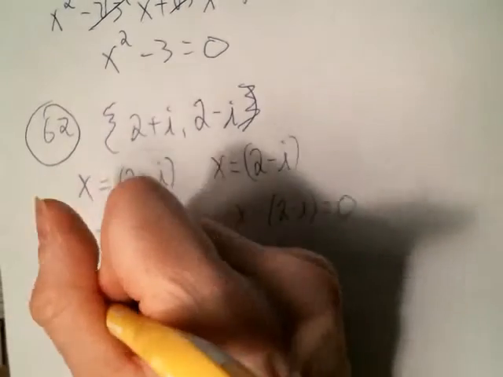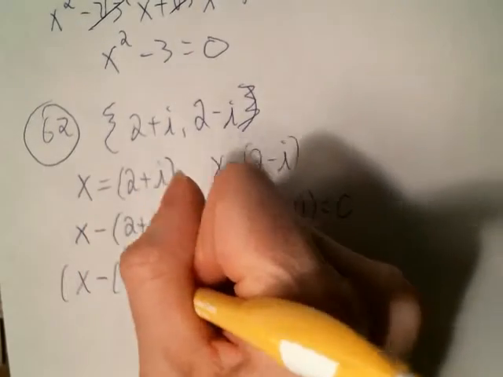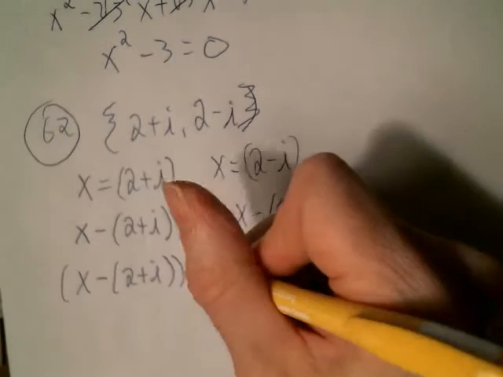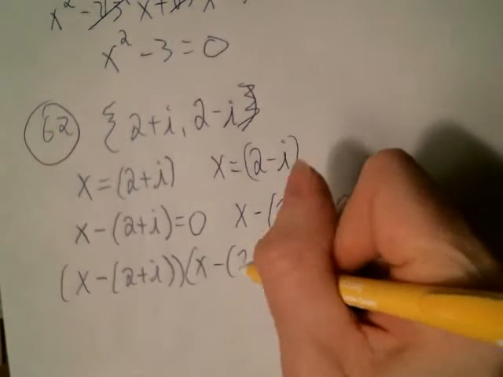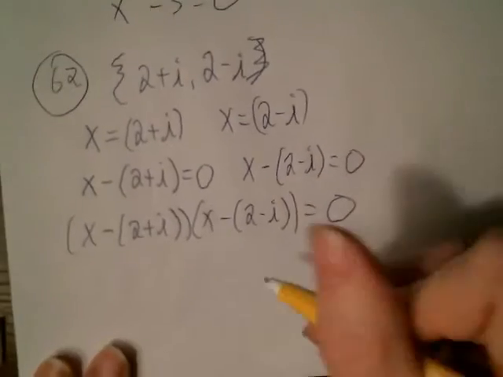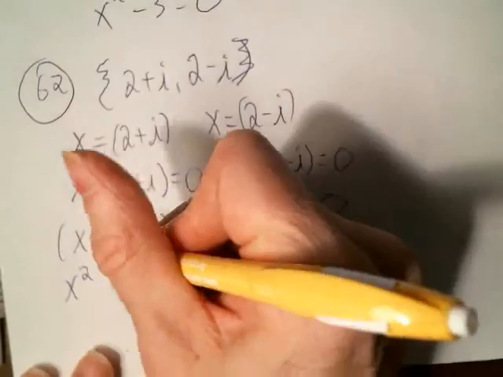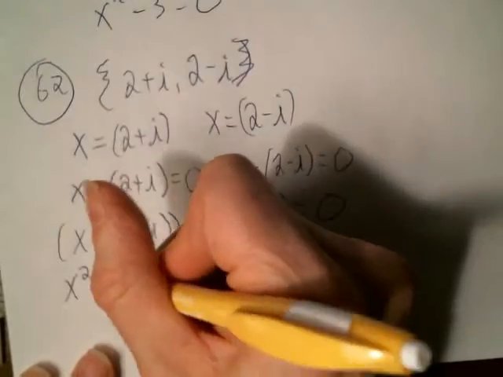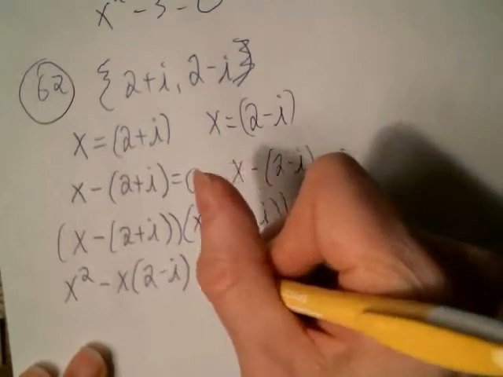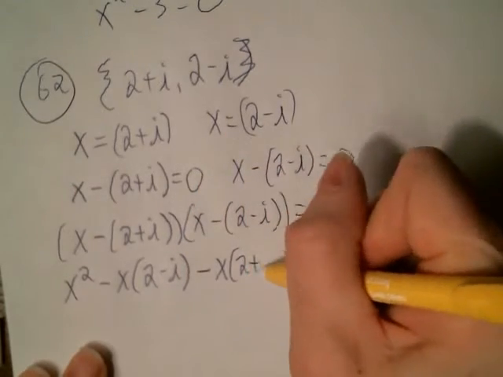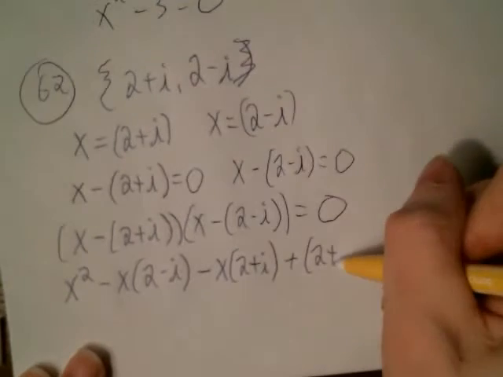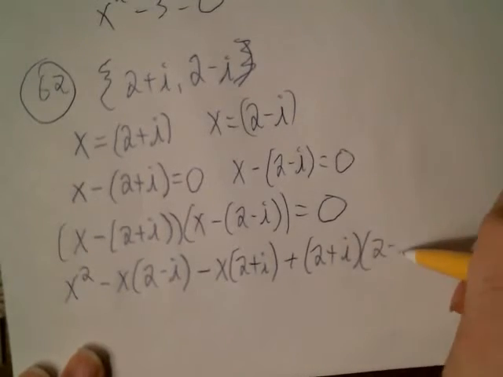Now I'm going to have my equation, x minus 2 plus i times x minus 2 minus i is 0. FOIL: x squared first, the outer minus x times 2 minus i, the inner minus x times 2 plus i, and then the last, negative negative is positive, so 2 plus i times 2 minus i.